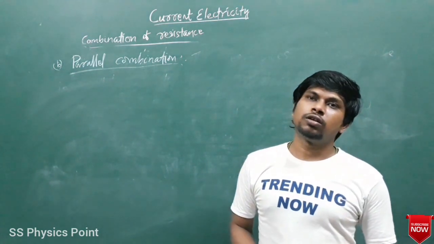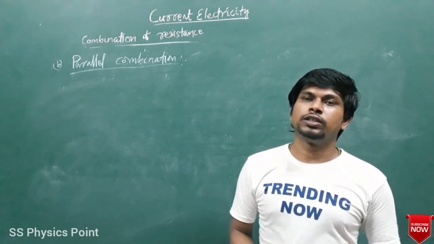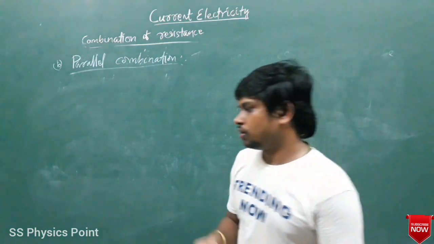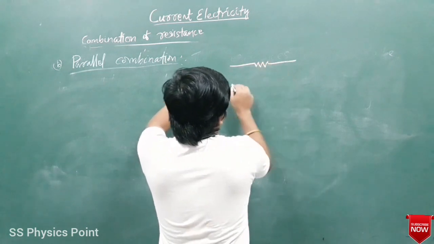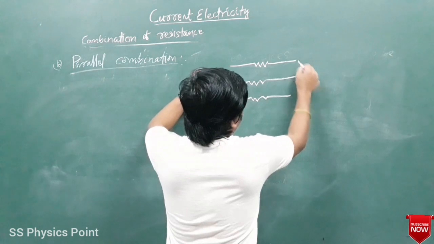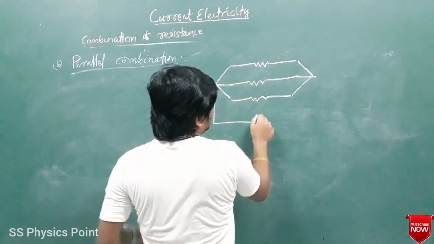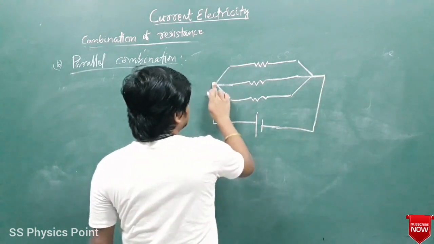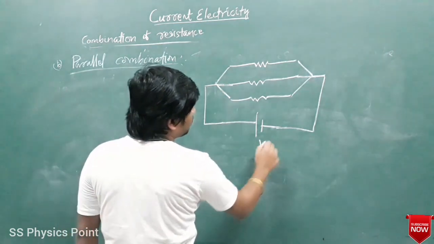Then here I am just doing the parallel combination. There are three resistors. They are connected in parallel with a potential of V volt. Suppose they are connected with a potential or battery of V volt.